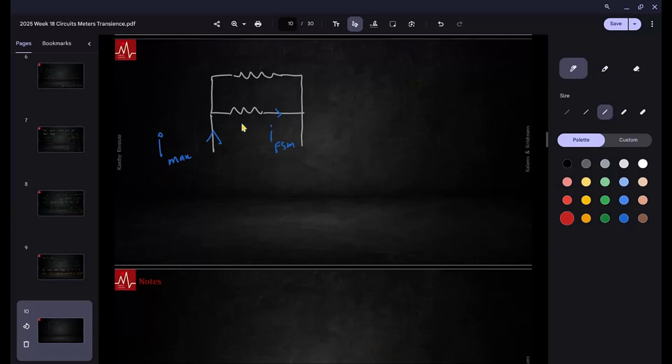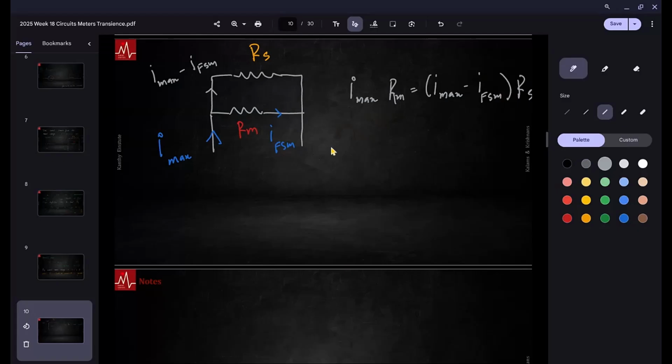The current through the shunt RS is I max minus IFSM. The voltage across the two is the same: IFSM into RM equals (I max minus IFSM) into RS. You have to remember that. You can write it down.